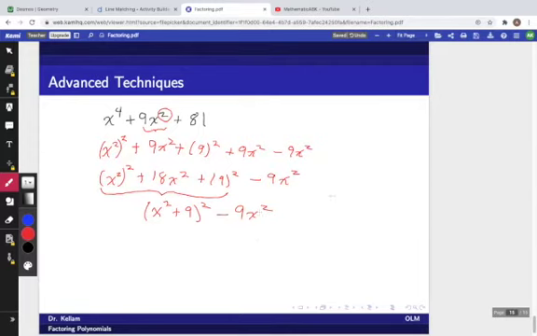Now, before we look at the next step, if you had, let's just say, y squared minus 9x squared, you would look at that and you would go, that's a difference of squares. And you would factor it out into y plus 3x, y minus 3x. That's essentially what we have here.